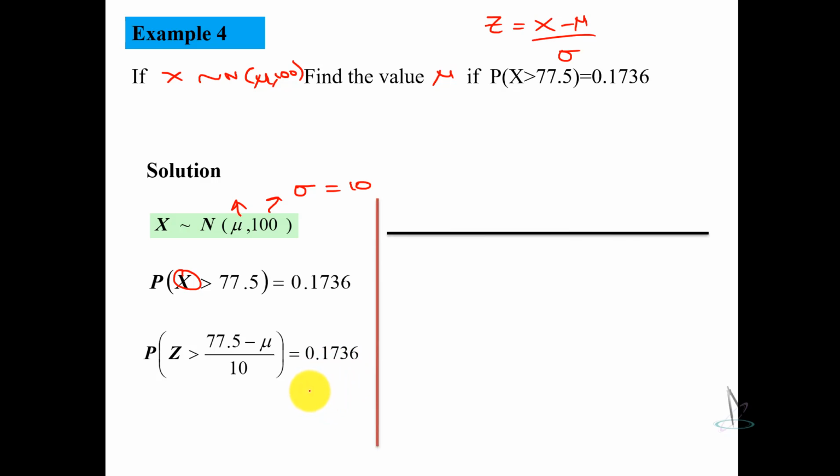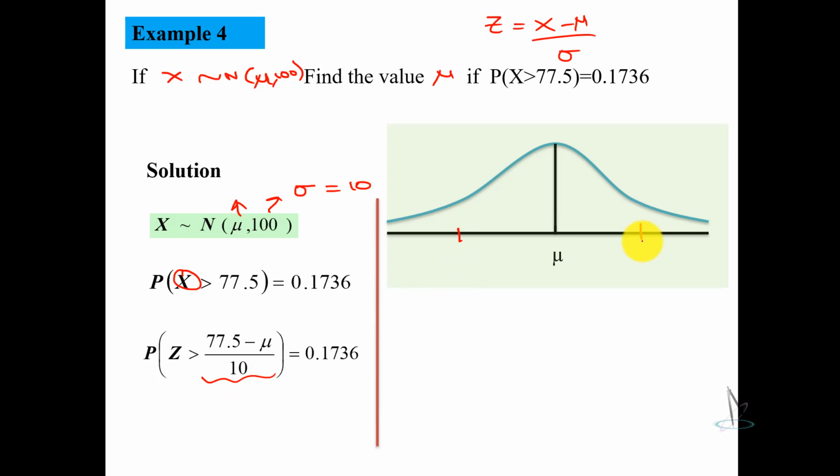Right, so now let us draw the bell-shaped curve. That is our mean. I need to know whether this region is on the left hand side of my mean or on the right hand side. If I write them down on the left hand side and keep going to the right, this value is definitely greater than 0.5.